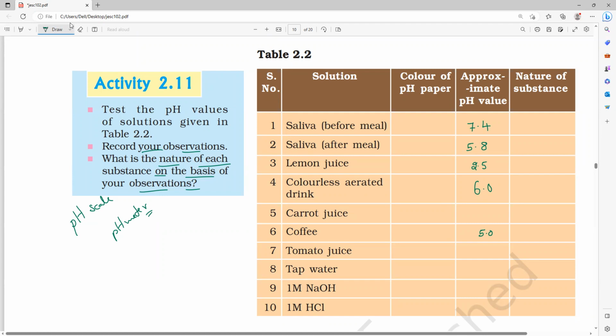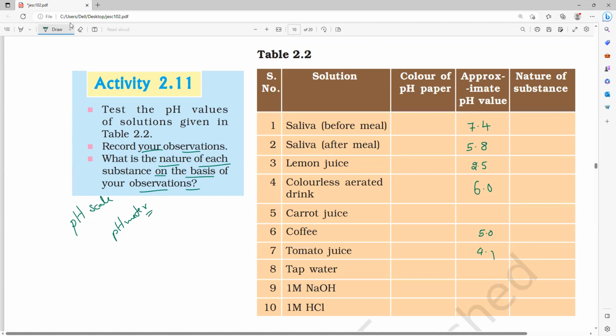Acidic in nature. Less than 7 or more than 7? Less than 7. Tomato juice contains oxalic acid. Okay. Next, tomato juice 4.1.